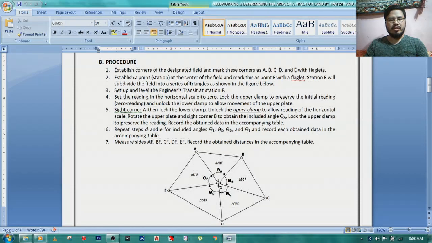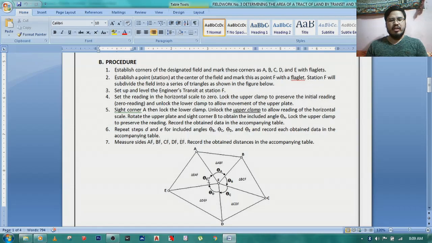So after establishing station F, the whole lot is divided into a series of triangles, and that is triangle ABF, BCF, CDF, DEF, and EAF, with their corresponding included angles theta B, theta C, theta D, and theta E.